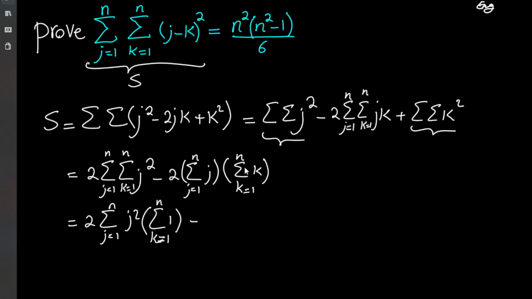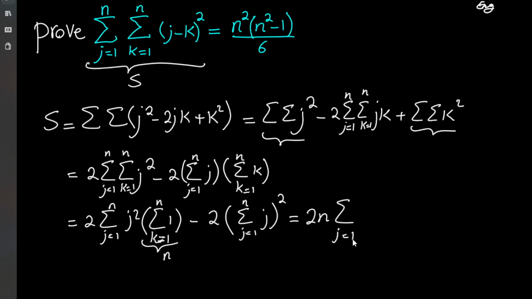And the other one, these two are the same, so I can say minus 2 times sigma j from 1 to n of j, squared. Obviously this one is just n times adding 1 to itself, so it's n. And I can take n outside, so at the end this turned out to be 2 times n sigma j from 1 to n of j squared, and then minus 2.